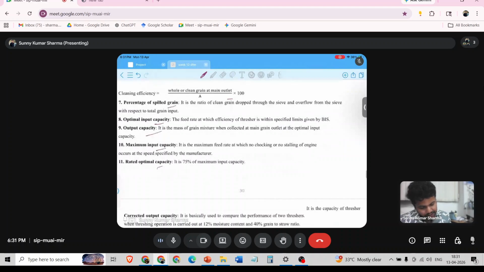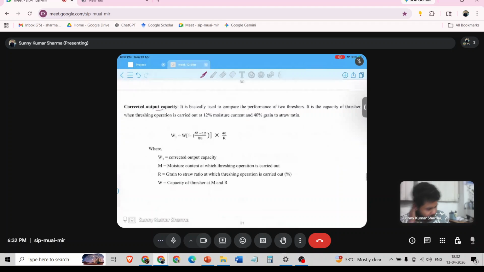So next thing is corrected output capacity. It is used to compare performance of two or more threshers. If we need to compare one thresher with a second thresher, then we need to know it in one term which is corrected output capacity. If W is the output capacity of one thresher, we need to make it in terms of corrected output capacity.